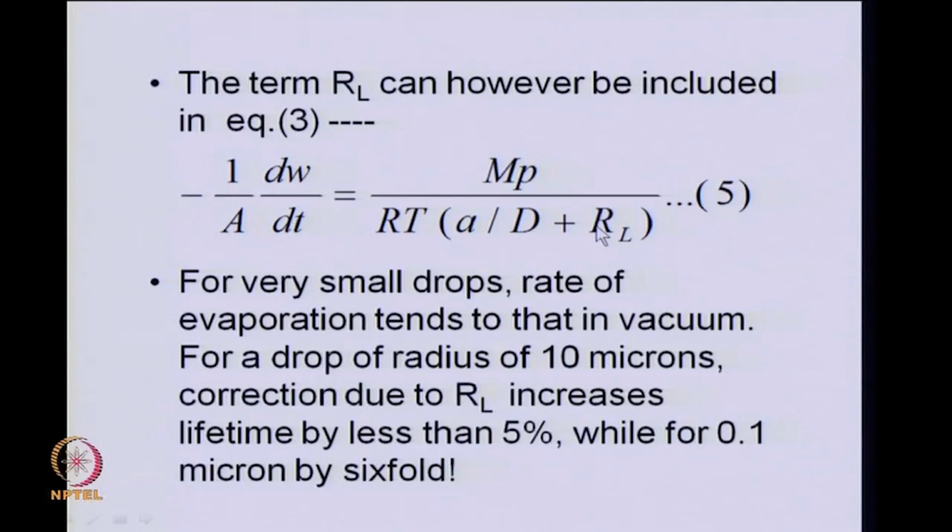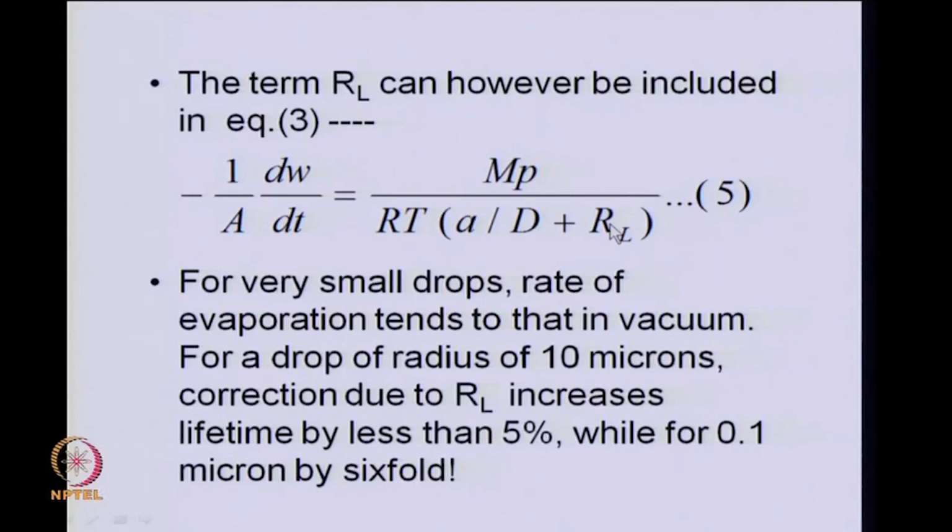However, for different drop sizes, let us say for about 10 microns, the correction because of this liquid phase resistance could be measurable, about 5%, but when the drop becomes about a tenth of a micron, then the resistance in the liquid will cause the increase in the lifetime of the drop by a factor as high as 6, which means in these final stages when the radius of the evaporating drop becomes very small, this gas phase resistance has reduced so much that the liquid phase resistance can now start controlling the magnitudes of the lifetimes.